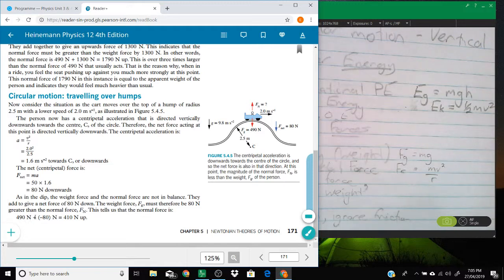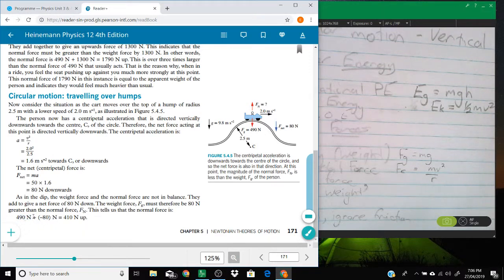Now you notice that because the normal force was in the opposite direction, they've used a negative vector. In this case, the normal force is the opposite of the weight force. So the weight force is 490 newtons down. The centripetal force is 80 newtons down.